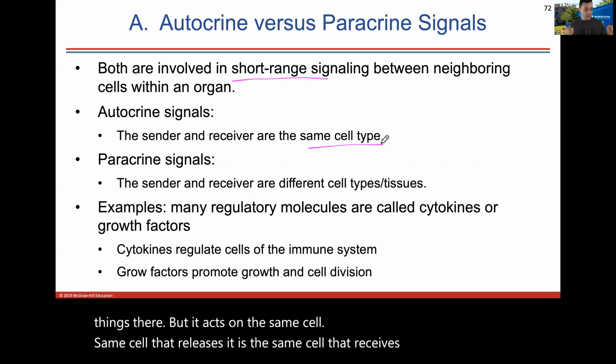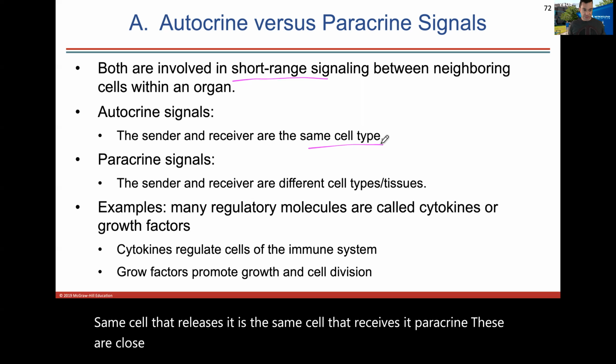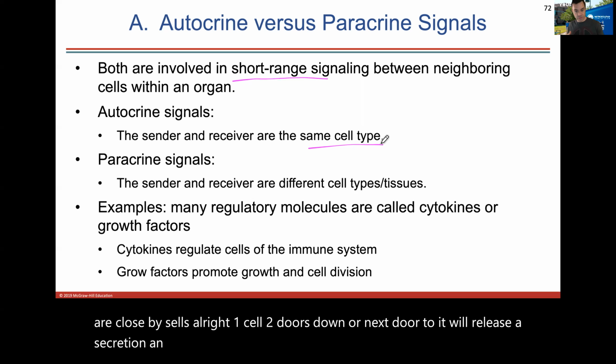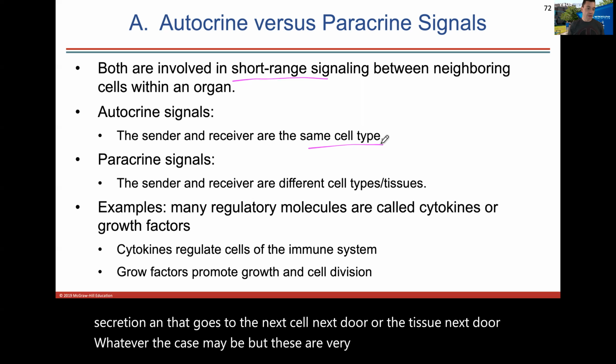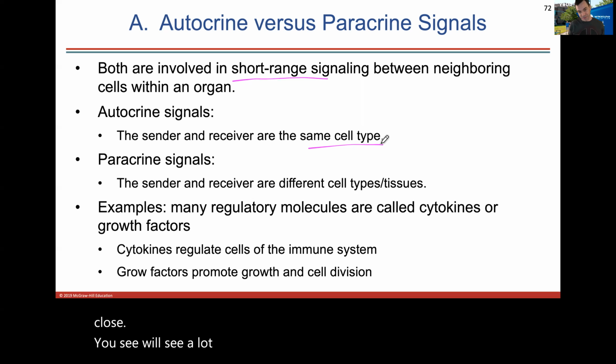Paracrine, these are close by cells. All right, one cell two doors down or next door to it will release a secretion, and that goes to the next cell next door or the tissue next door, whatever the case may be. But these are very, very, again, very close. We'll see a lot of this with the immune system. So those are always my best examples.